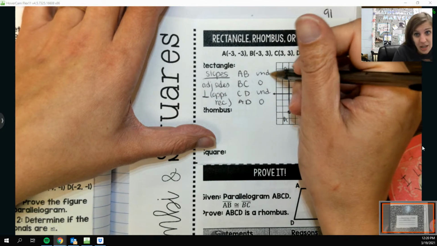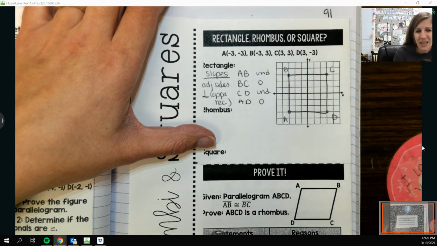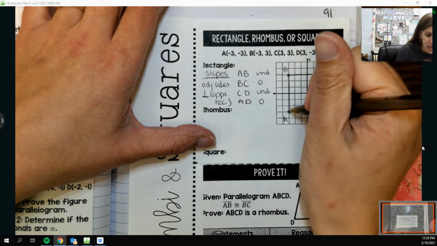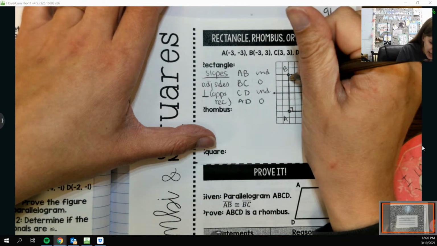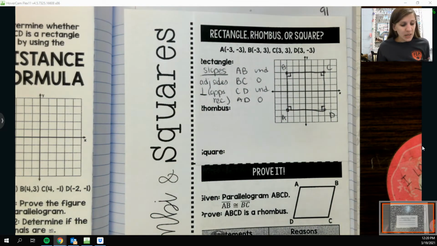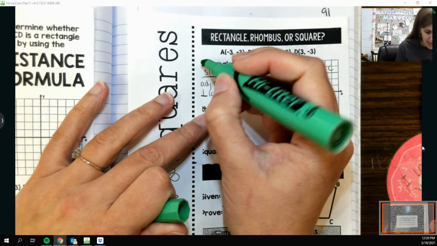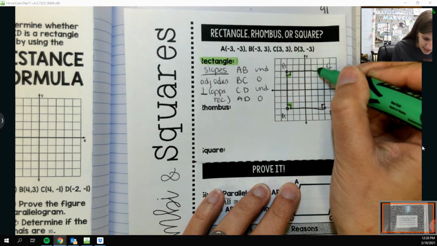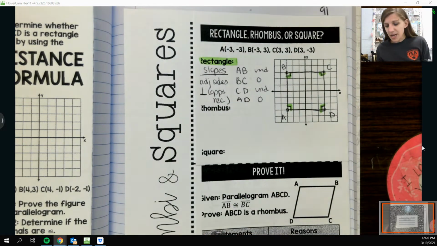And these are perpendicular to each other because technically undefined is 1 over 0, which is the reciprocal of 0. So I do know that I have all 90s, which at the very least makes me a rectangle.